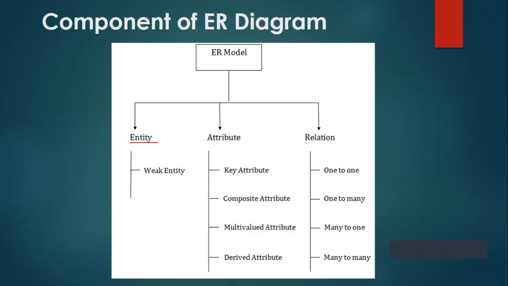Next is relationship. In a database, you can have more than one entity, and these entities are connected to each other. Suppose a student has enrolled in a course. There is a relationship between the student and the course, and we define this relationship with the help of relationship sets. It can be one-to-one, one-to-many, many-to-one, and many-to-many. All this we'll see in detail in features and components.